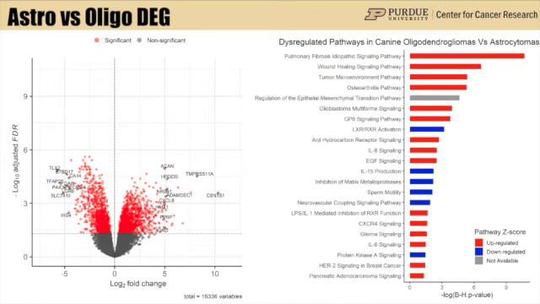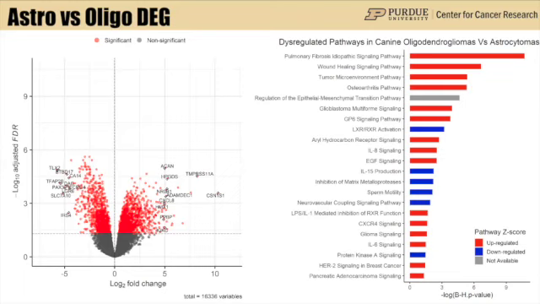And then, for example, the regulation of EMT pathway and wound healing are known to be important in maintaining the cancer stem cell population. And so we do see a lot of interesting pathways that are deregulated between oligodendrogliomas and astrocytomas.